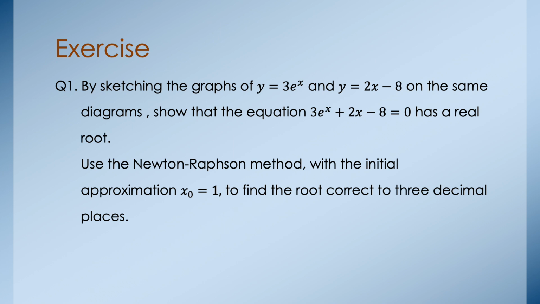So you can conclude that 3e to the power x plus 2x minus x squared equal to 0 has a real root. Then second part, use the Newton-Raphson method with the initial approximation x naught equal to 1 to find the root correct to 3 decimal places.